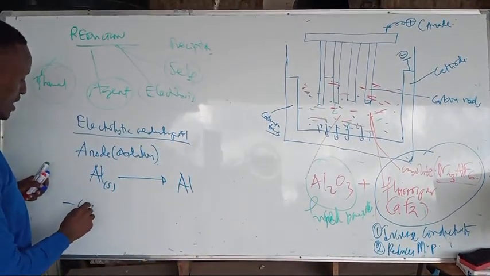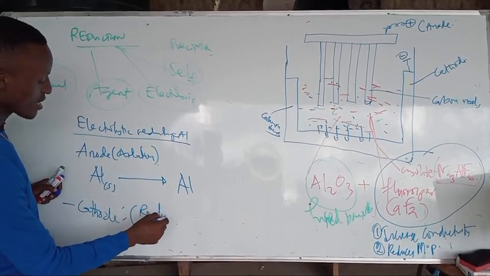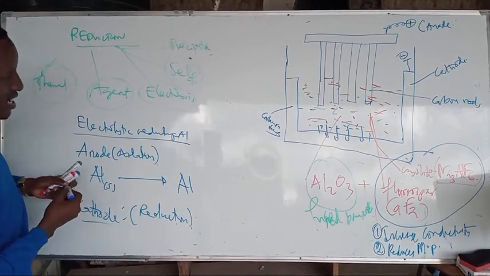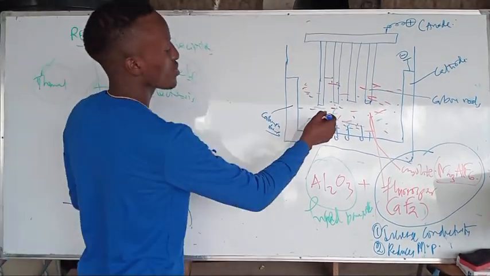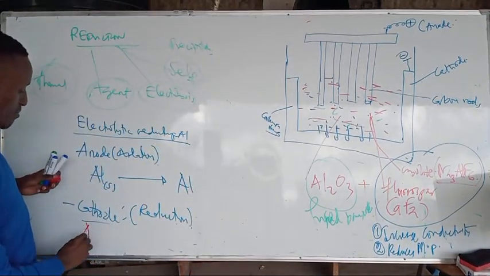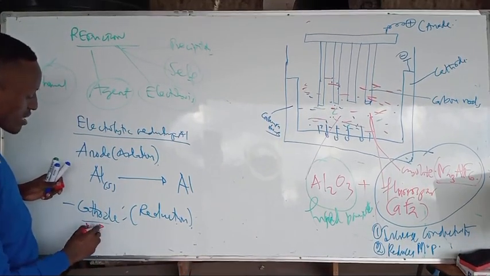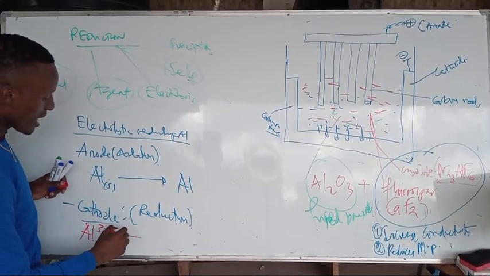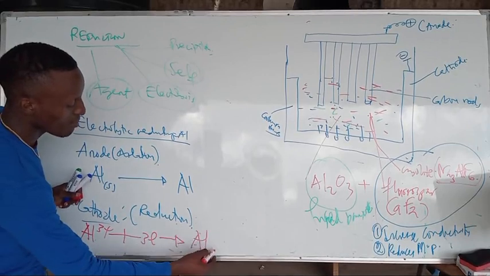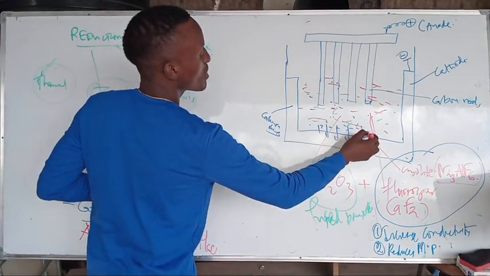So the cathodic reaction is the reduction. The aluminium ion coming from the solution, which is 3 positive, is being added with 3 electrons to form the aluminium solid here. So aluminium is being deposited.